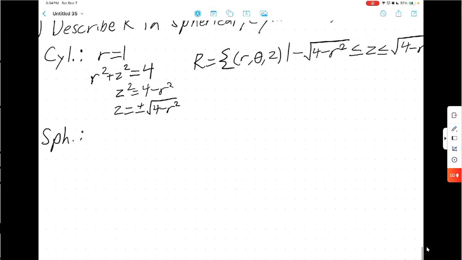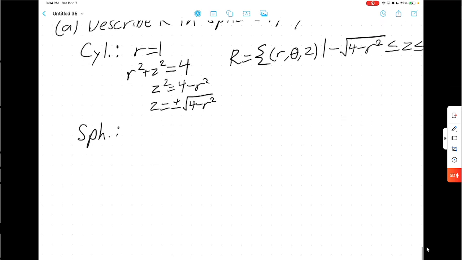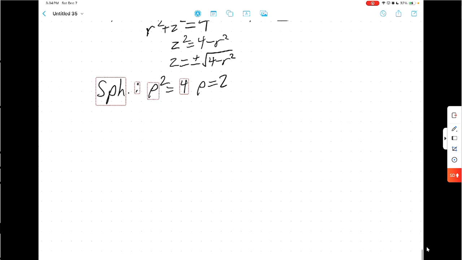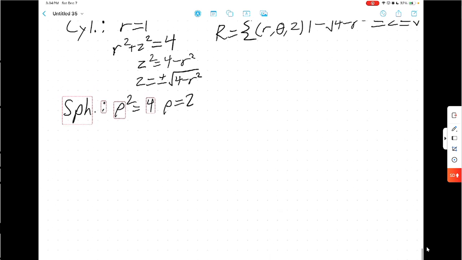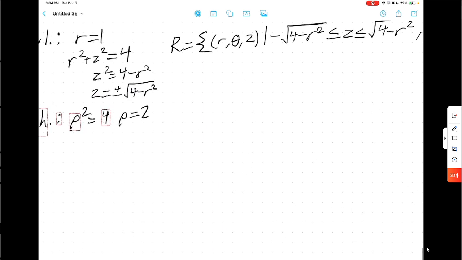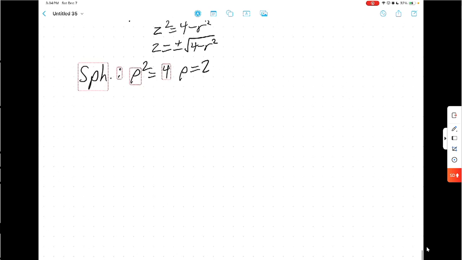In spherical, we have rho squared is equal to 4, so rho is equal to 2. This, I think, is going to suck to do, because the cylinder is going to be the worst of it.